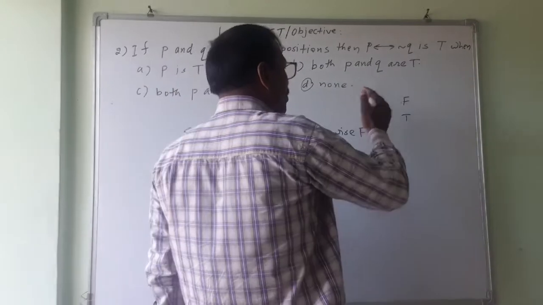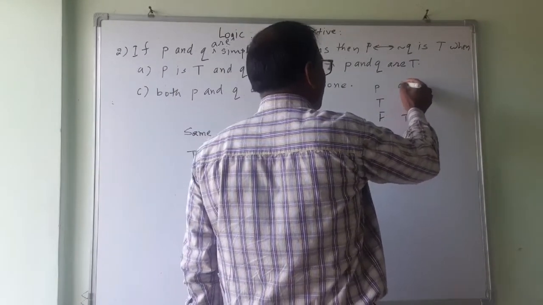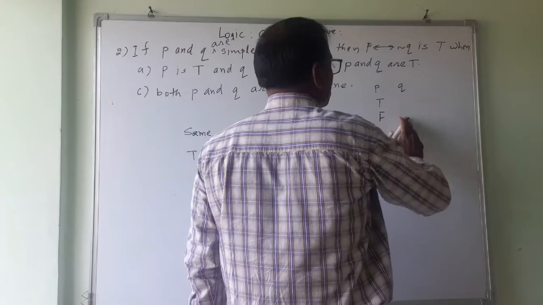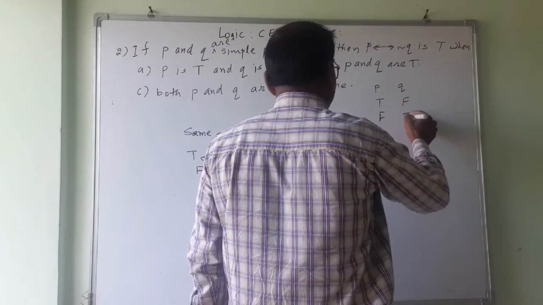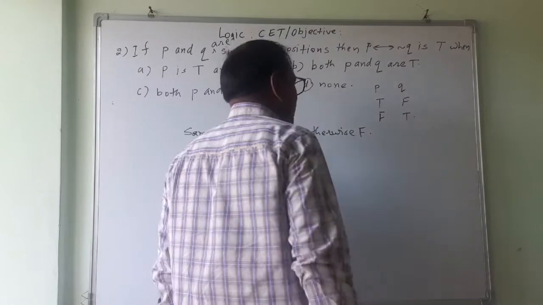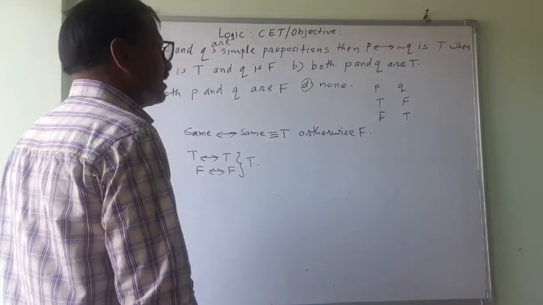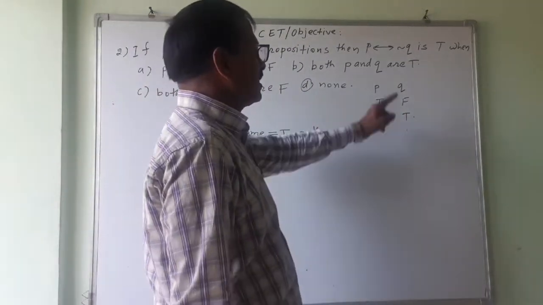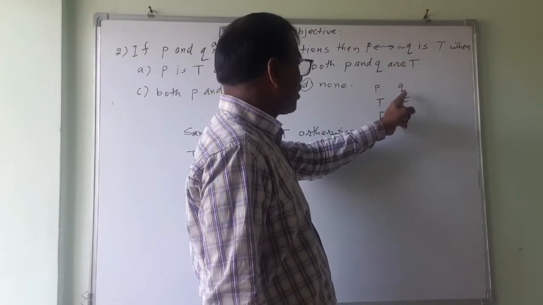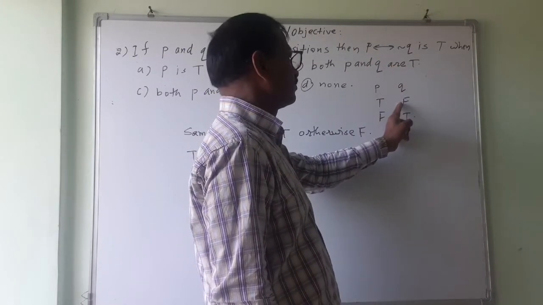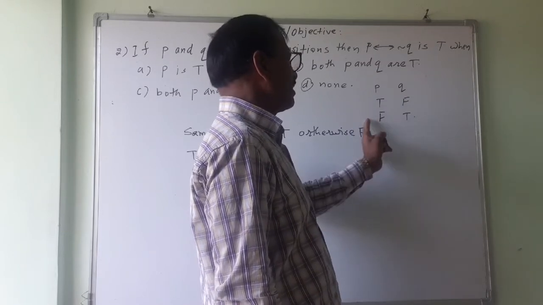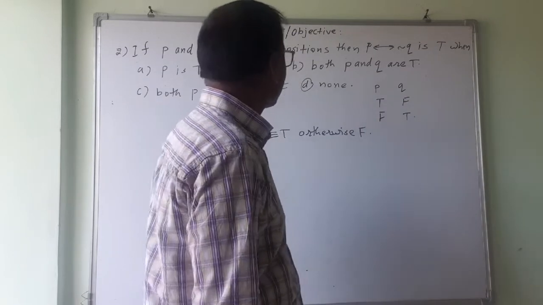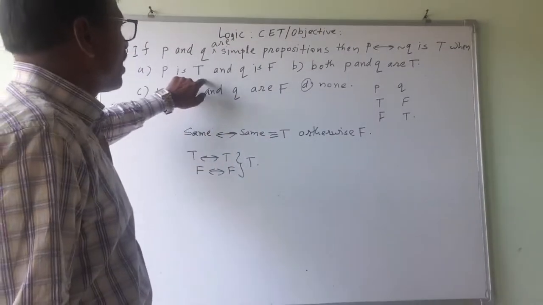So if I am not taking negation P, I am taking only Q. So this is F or T. That way I have taken. Now if I am double implying this, negation of Q will become true. Negation of true will become false. And then both of them will be same. So P is true and Q is F.